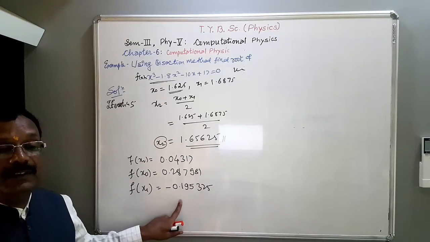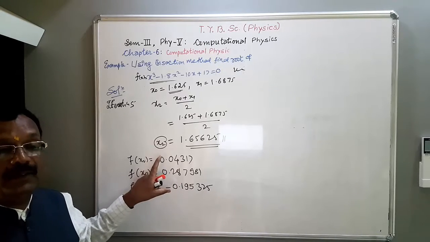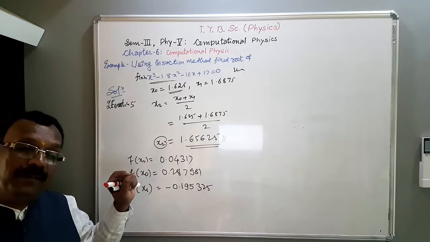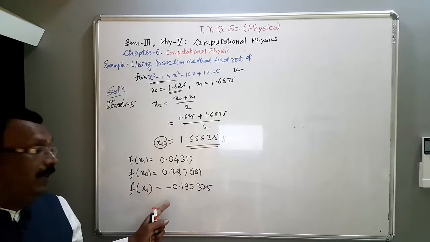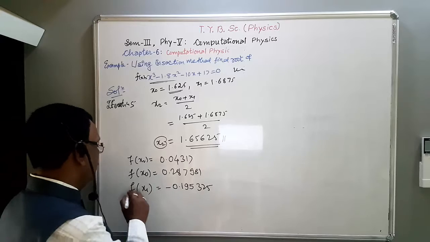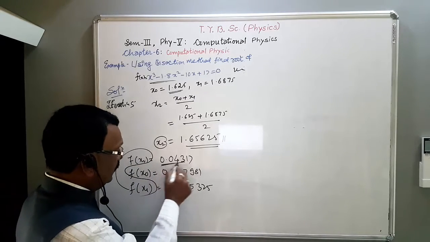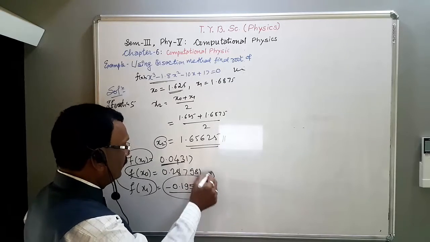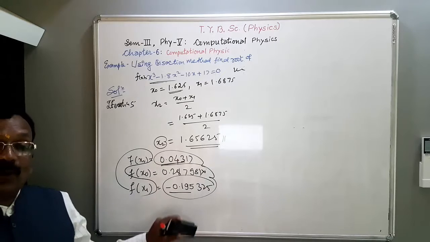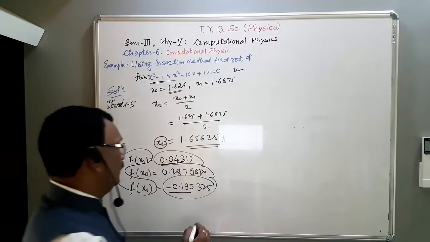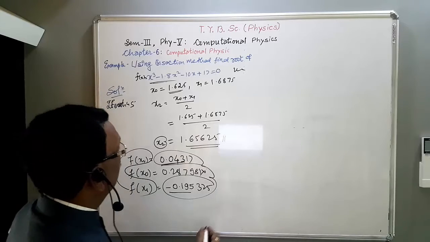Now again from this calculation we can show that the root lies between x1 and x2, because these values are the closest to each other. And from this we can conclude the next interval. What is the next interval?